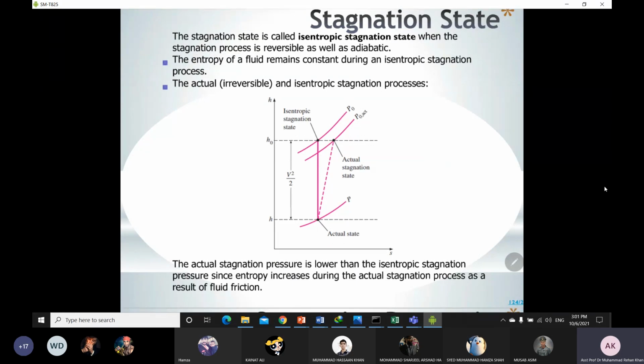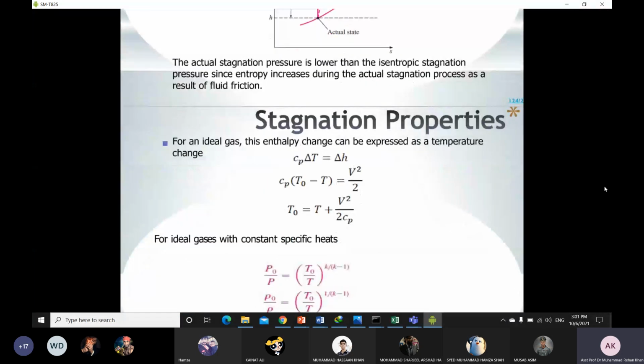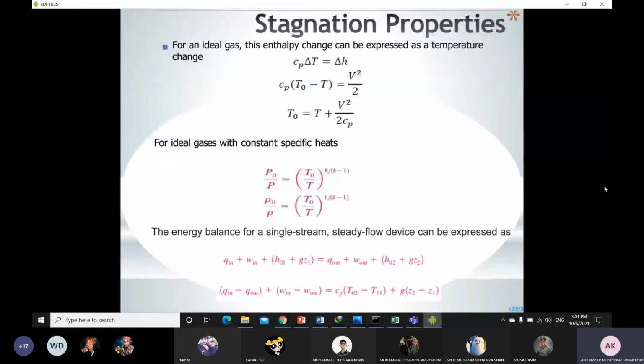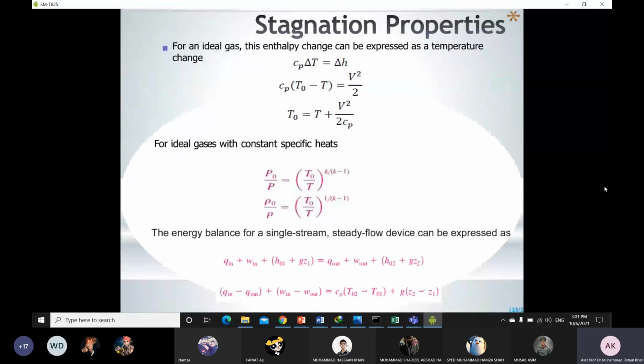The actual stagnation pressure is lower than the isentropic stagnation pressure, since entropy increases during the actual stagnation process as a result of fluid friction. So this is the reason. This is just a quick overview of how to compare the actual with the isentropic stagnation state. All these equations I have already explained to you, so you have to go through them by yourself.